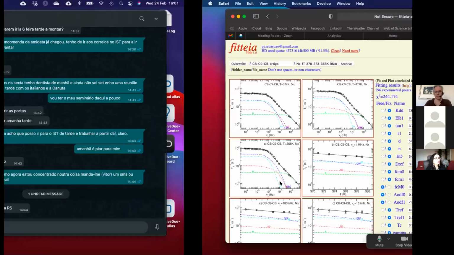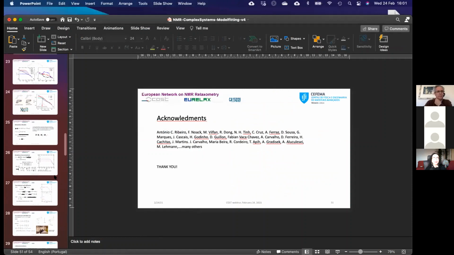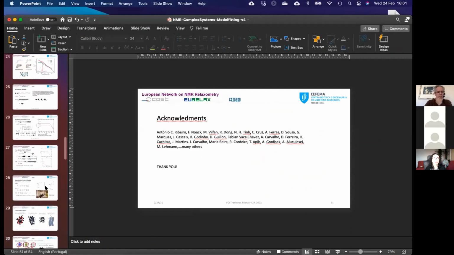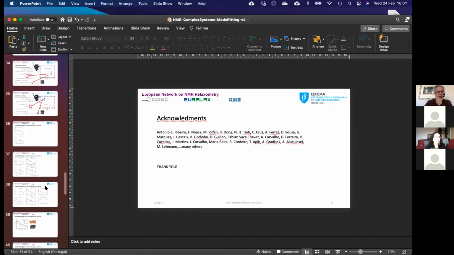There's a lot of advanced theory behind that. However, in principle, you have very specific models, like for instance, this translation-mediated rotation. This is one kind of approach.